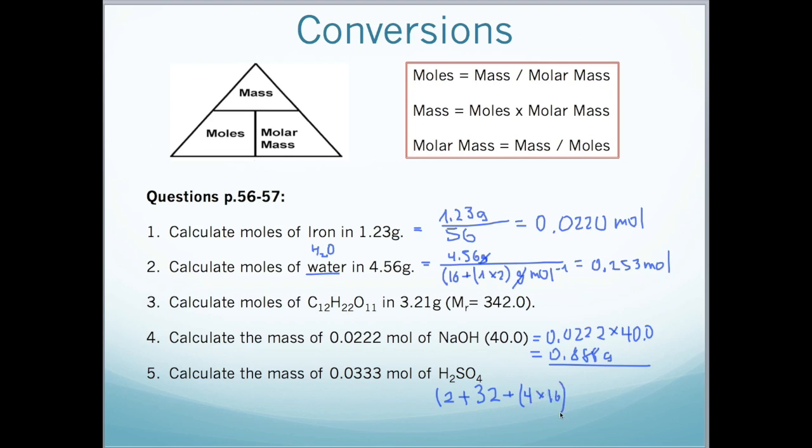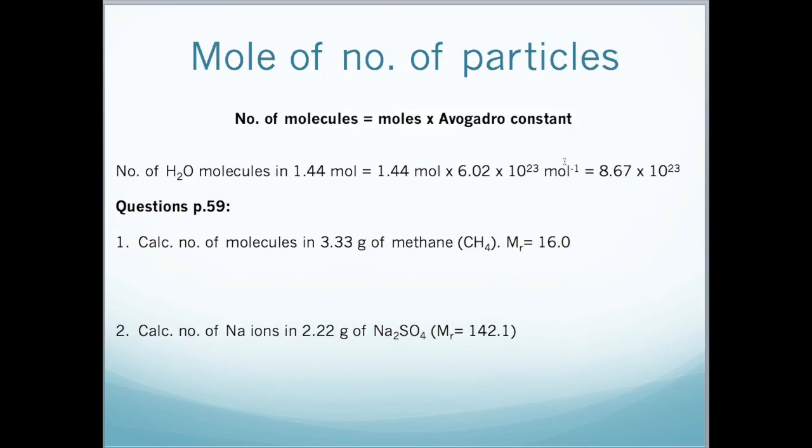That gives us the molar mass, which is 98.1. In order to get the mass, we multiply the molar mass by moles, which is 0.033 and so on. And the mass we get is 3.27 grams.